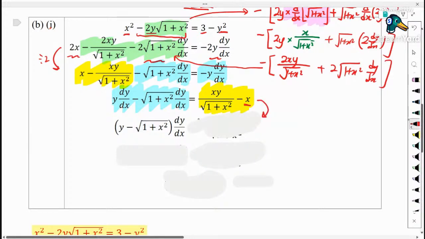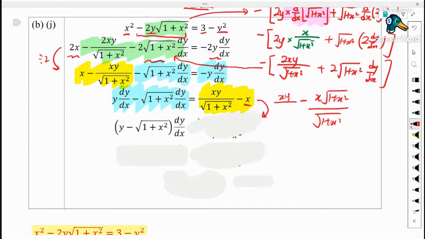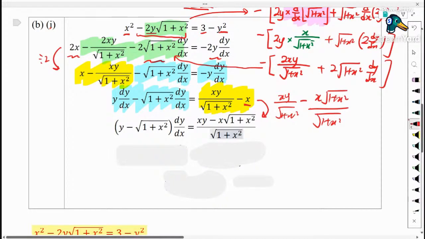I would like to have this x here come with the denominator of square root of 1 plus x squared. So I suppose to have x minus square root of 1 plus x squared over square root of 1 plus x squared. And then the xy as usual, over square root of 1 plus x squared. So by right, I can join both of them together in one single fraction like this.